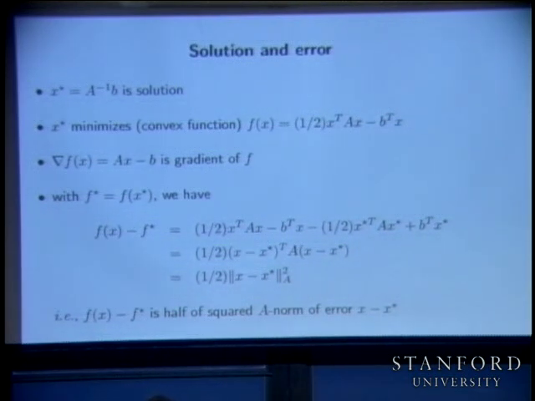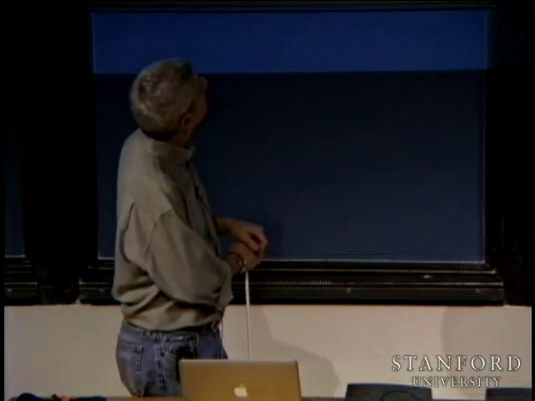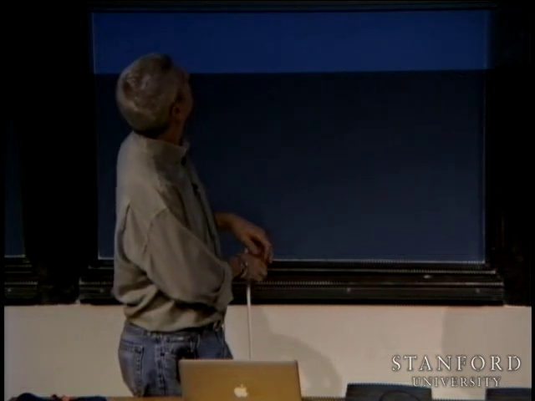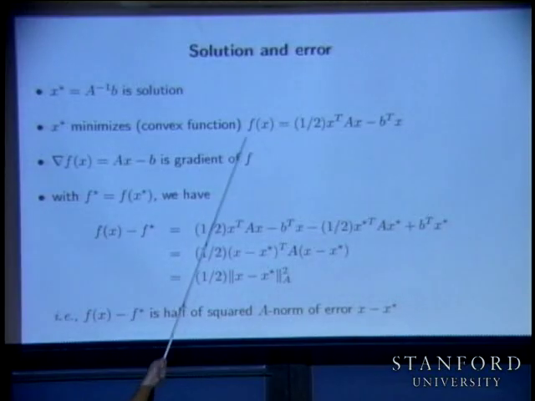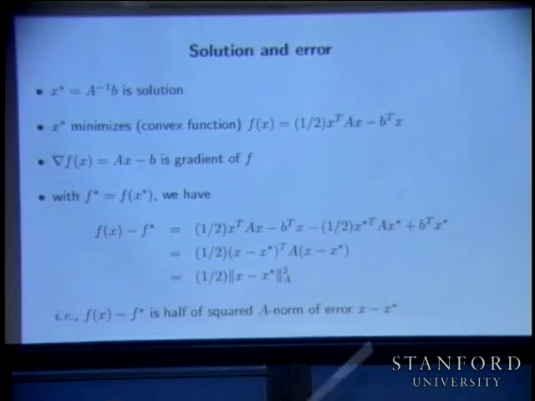Yeah. I just want to know between the first and second step, where did the b's go? The b transpose x terms. When we are calculating f of x minus f star, since x and x star are likely to be different, those b transpose x terms don't cancel away?